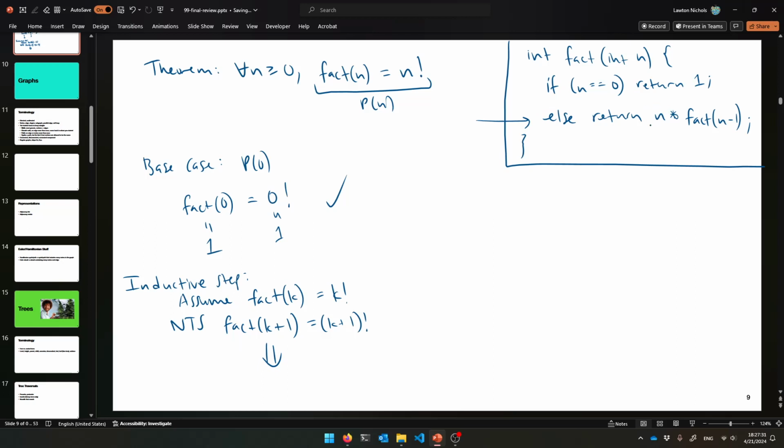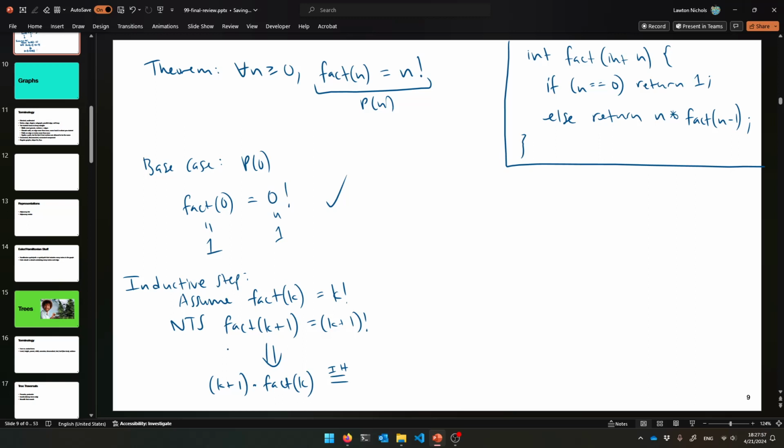Because it's definitely not 0. It's going to give back k plus 1 times fact of k plus 1 minus 1. So it will return k plus 1 times fact of k plus 1 minus 1, which is just fact of k. And now we're in business. So there's my smaller number, and I get to assume using my inductive hypothesis, right?